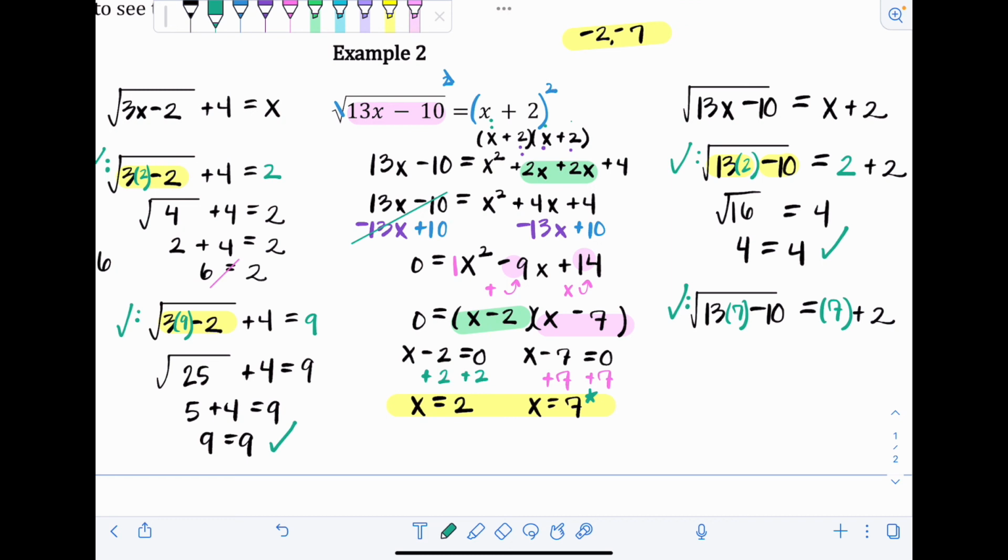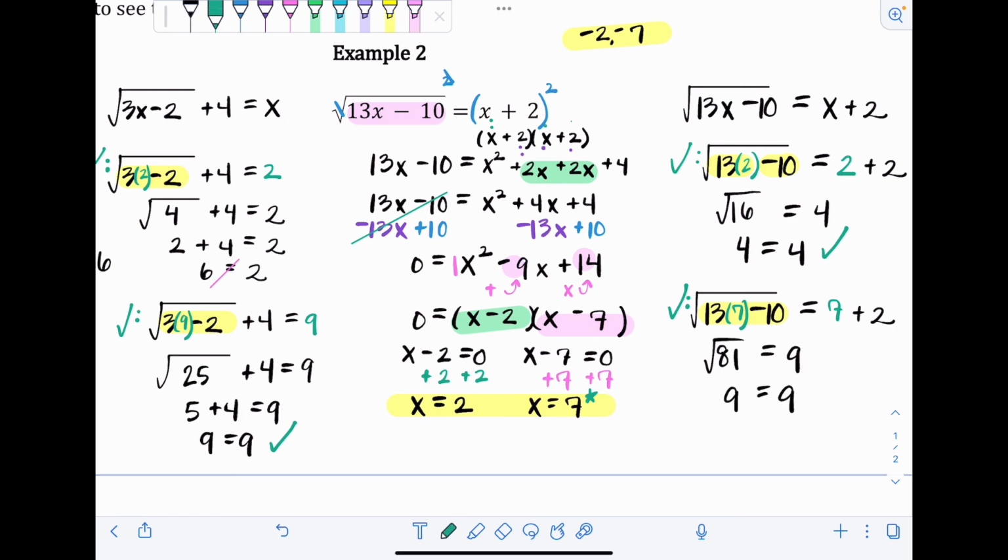Let me grab a calculator. 13 times 7, 91. I don't think I would have guessed that. Okay, so 13 times 7 is 91, and then 91 minus 10 is 81. And then that's equal to 7 plus 2, which is 9. The square root of 81 is 9, so we end up with 9 equals 9.